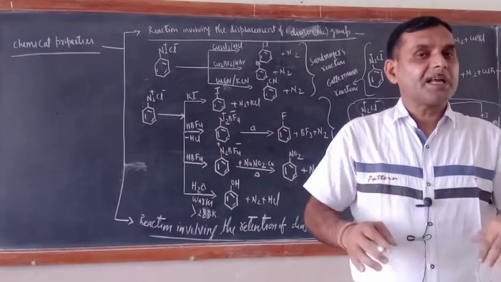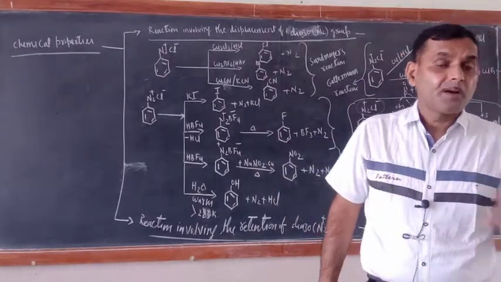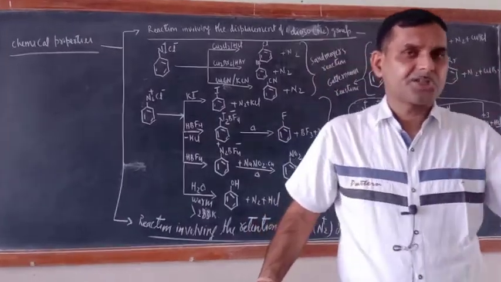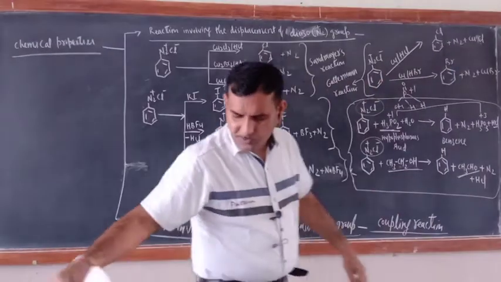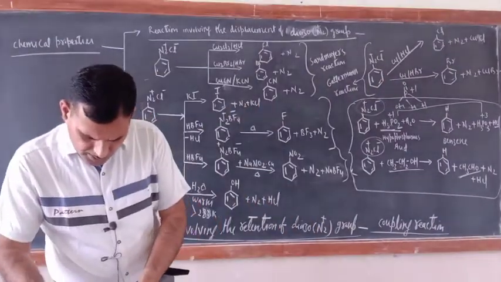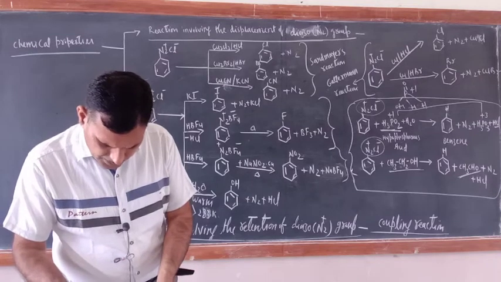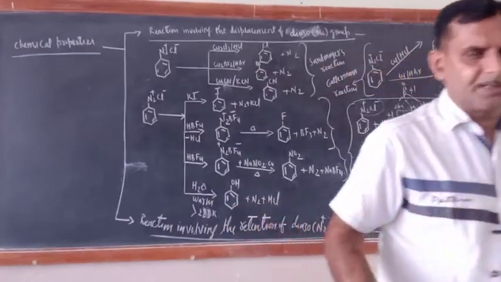So in a coupling reaction, benzene diazonium chloride must react with the electron rich compound. And this is one type of electrophilic substitution reaction. What kind of reaction? Electrophilic substitution reaction. I will explain that one.